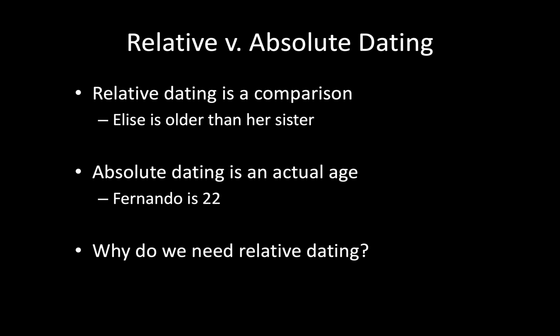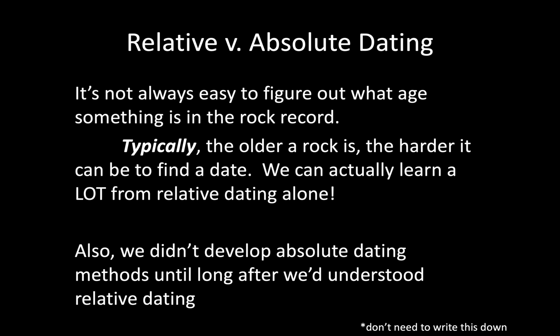Now, you might be thinking, okay, well, this makes sense, the difference, but why do we use relative dating? That seems not very helpful. Well, it's not always easy to find out the absolute age of something in the rock record. Typically, the older a rock is, the harder it can be to find dates.